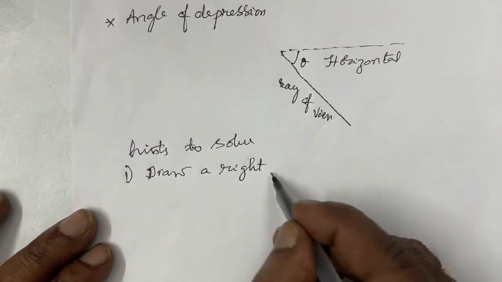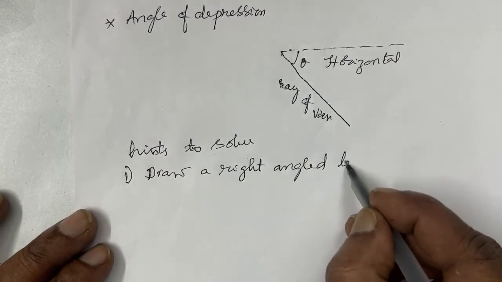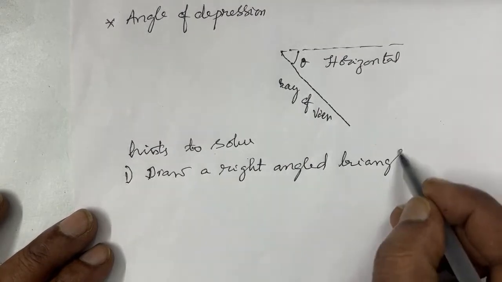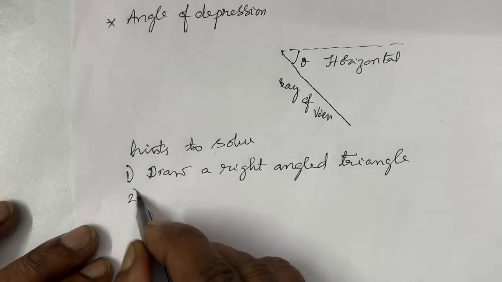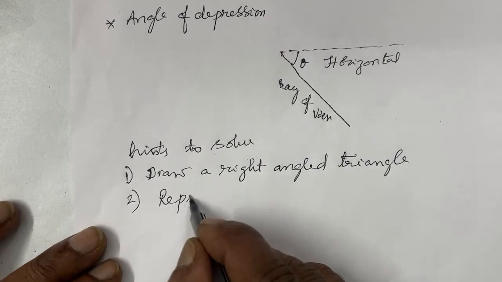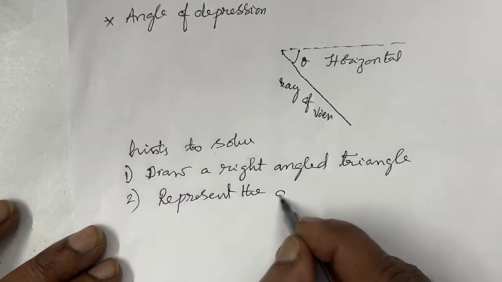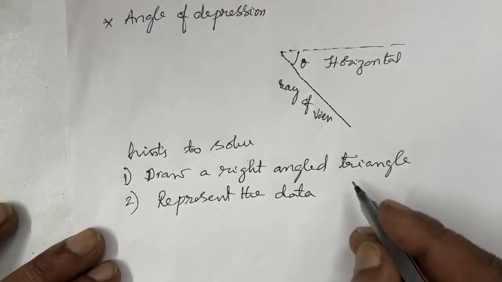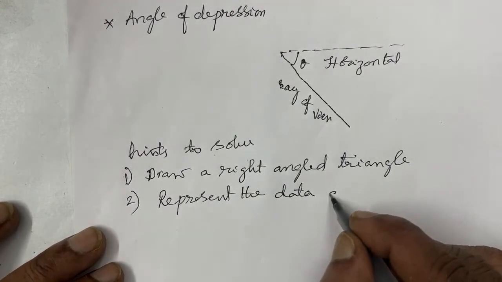Right angled triangle. This is what you have to draw first. Second, represent the data given in the question on the triangle.